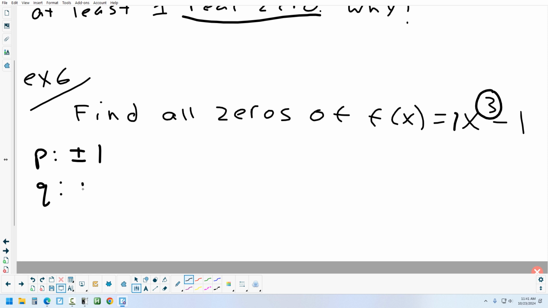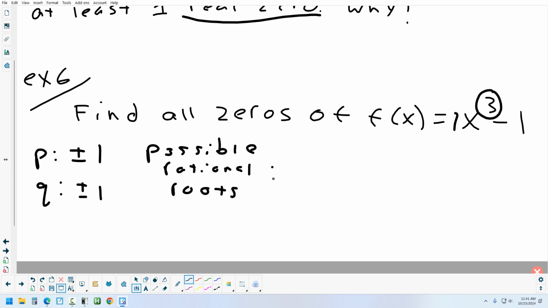It's also plus or minus 1. So if you take all the P's and divide by all the Q's, you're going to make that list. What would be all your different options for this problem? Plus minus 1. Just plus or minus 1.